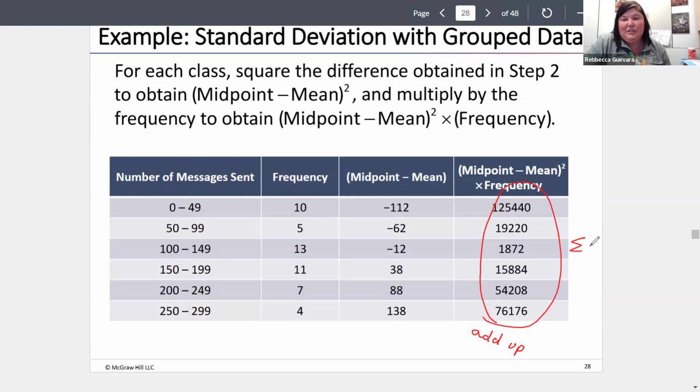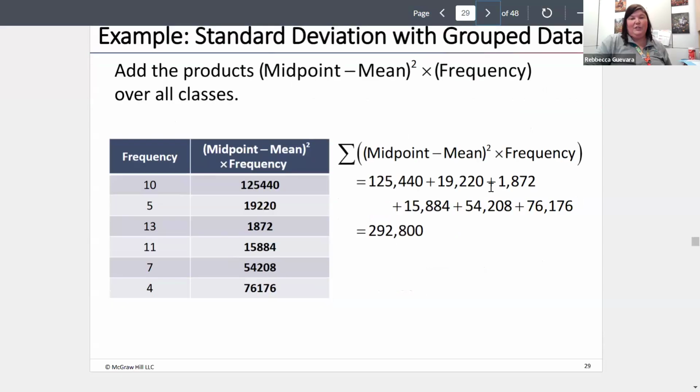So we want the summation of midpoint minus mean squared times frequency. If we add up all of these numbers, what we end up with is 292,800.